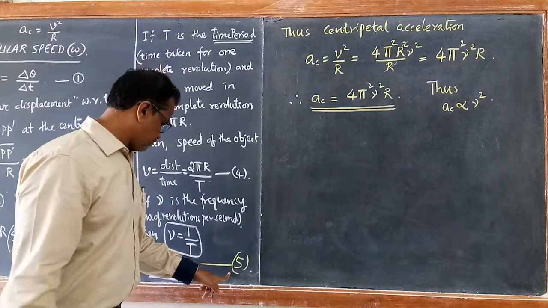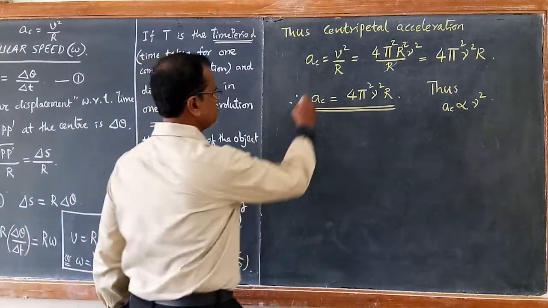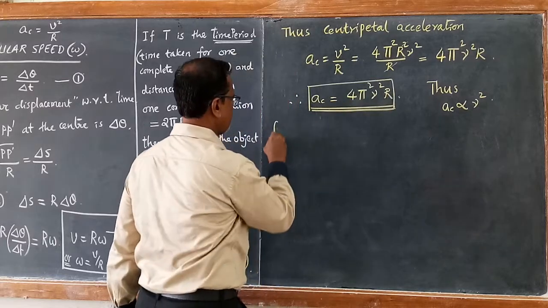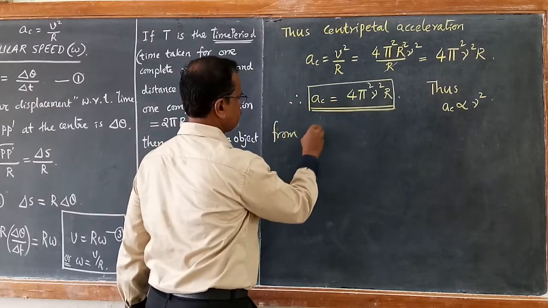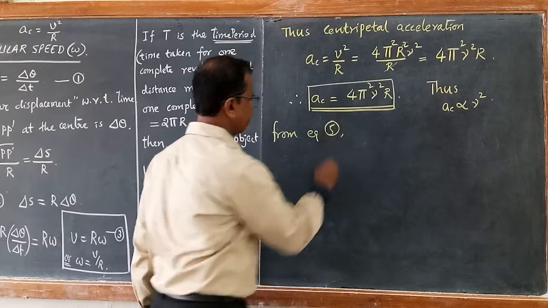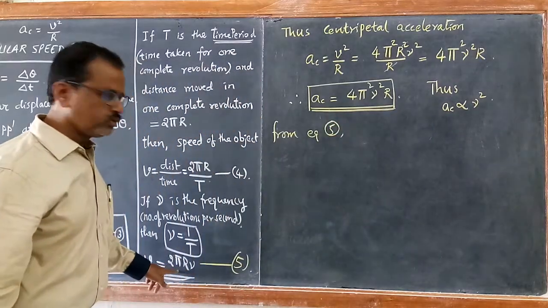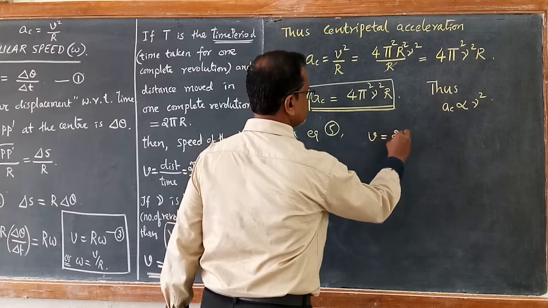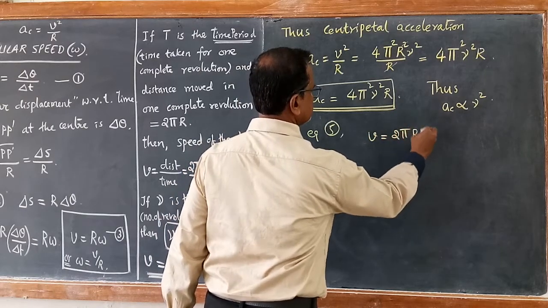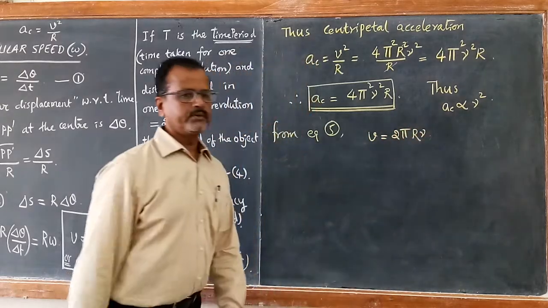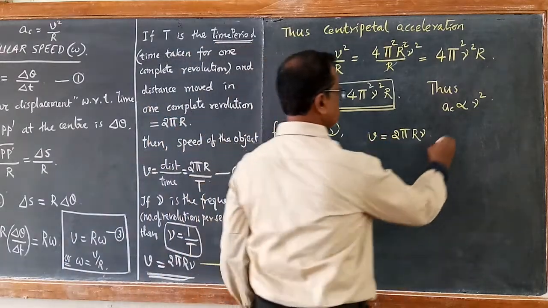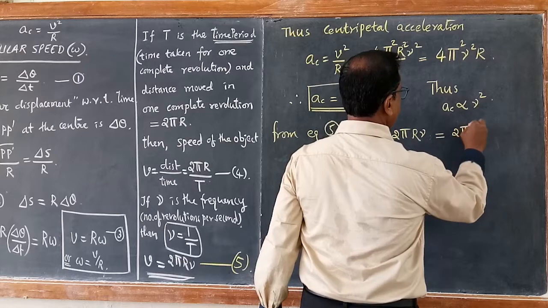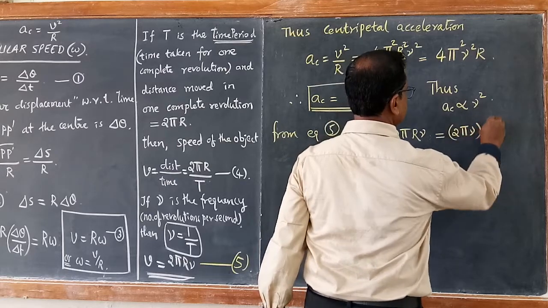We can see one more result from equation number 5. What is equation 5? v equal to 2 pi r nu. You can also write this as 2 pi nu into r.